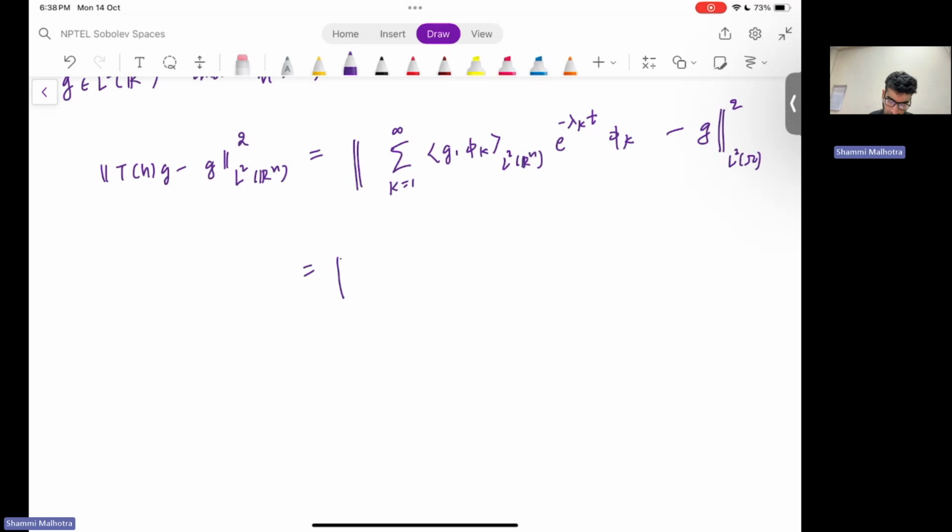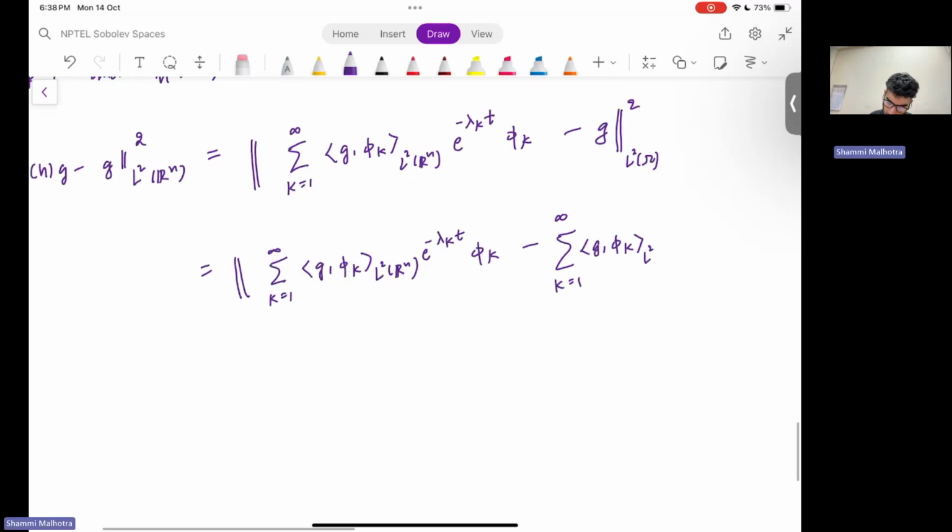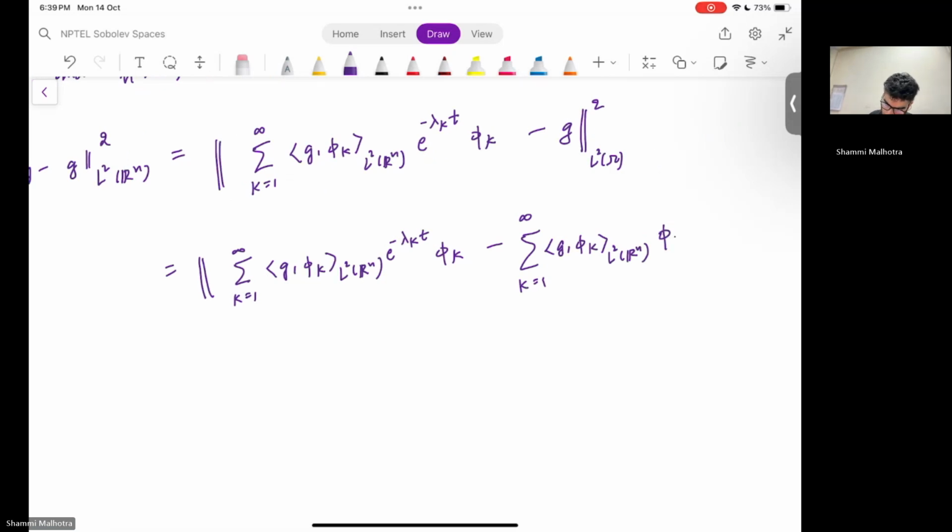So writing g in the expansion as well, summation k from 1 to infinity of the inner product of g with phi_k, times e^(-lambda_k h) phi_k, and minus summation k from 1 to infinity of the inner product of g with phi_k, whole square. Sorry, it's L2 only.